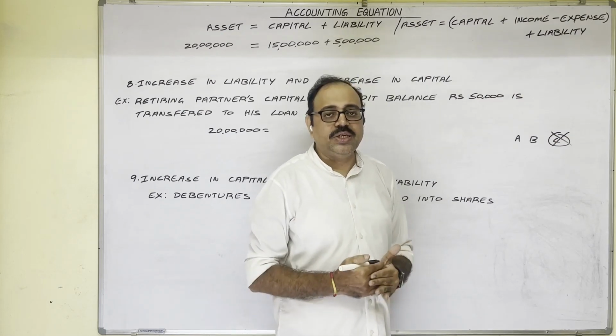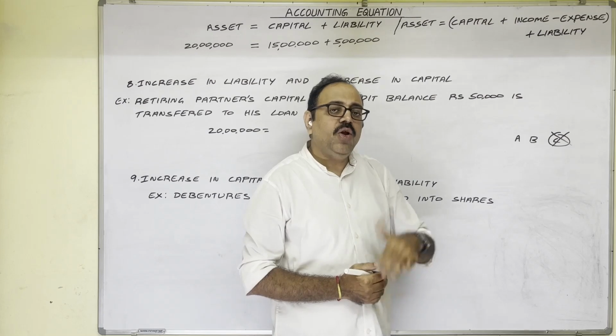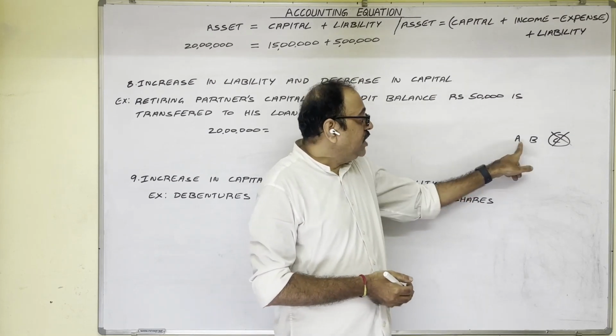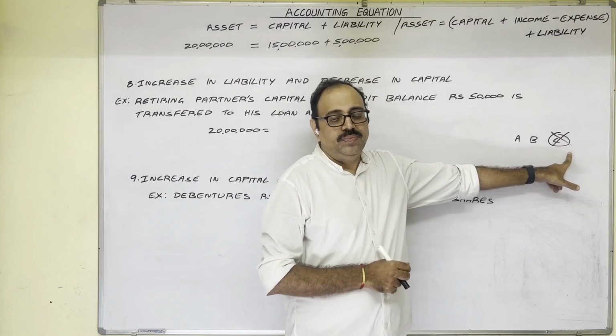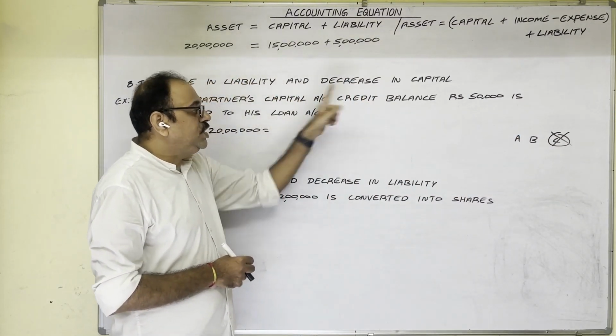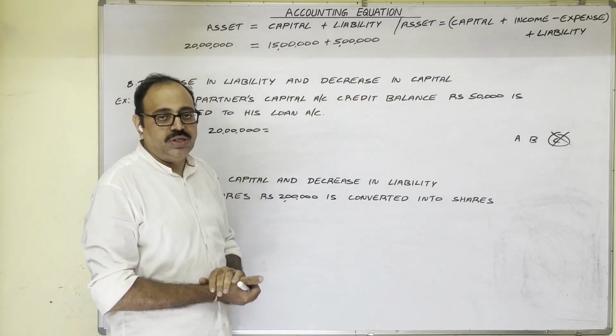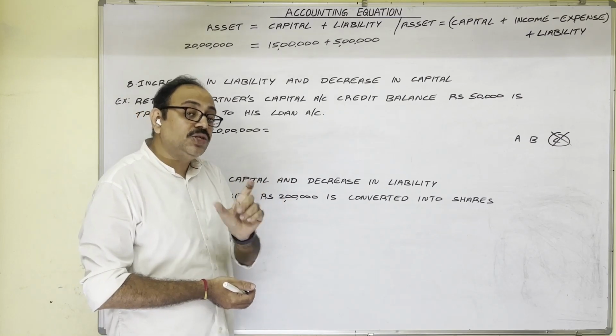If they have cash, ready money, then immediately they pay that. If they cannot pay immediately, they transfer this amount to the retiring partner's loan account. So here, existing partners are transferring his due amount to the loan account, 50,000. Previously, it is a credit balance of capital account.